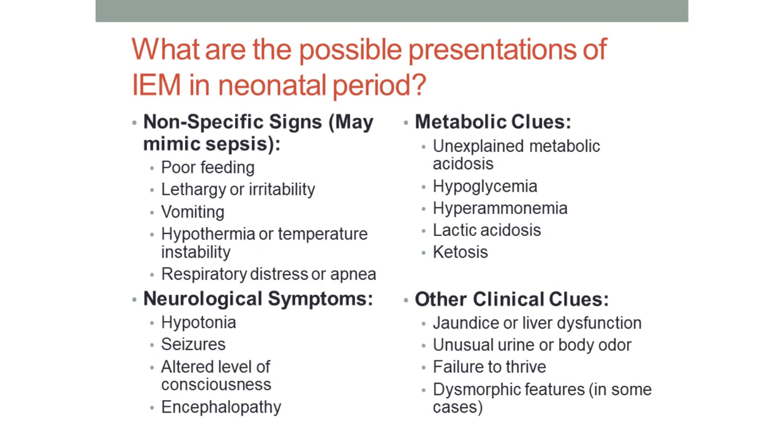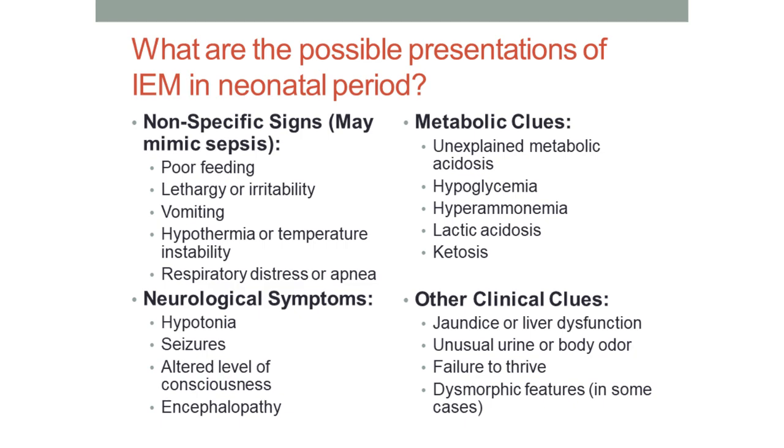So, what are the possible presentations of IEM in the neonatal period? There can be non-specific signs which usually mimic sepsis. It can be poor feeding, lethargy or irritability, vomiting, hypothermia or temperature instability, respiratory distress or apnea. Neurological symptoms could be hypotonia, seizures, altered level of consciousness or encephalopathy.